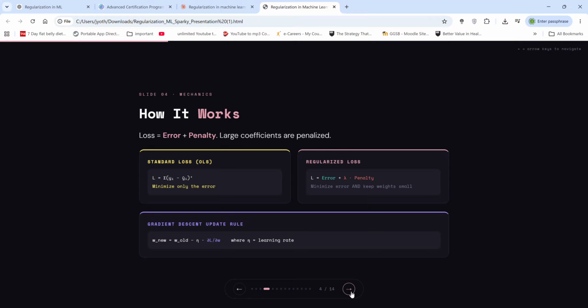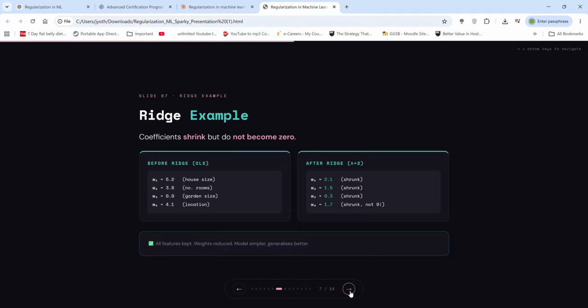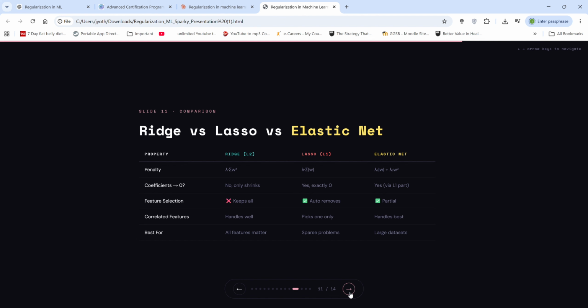So let's see the relationship between this lambda, the m, and the error. I will just show you on the visualization. Just give me a minute.